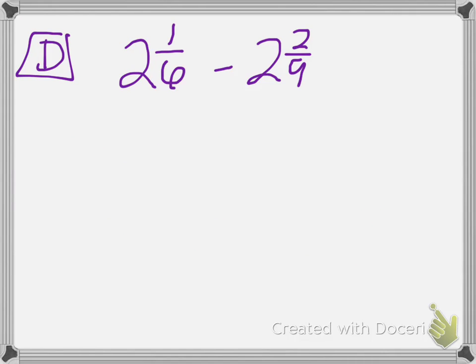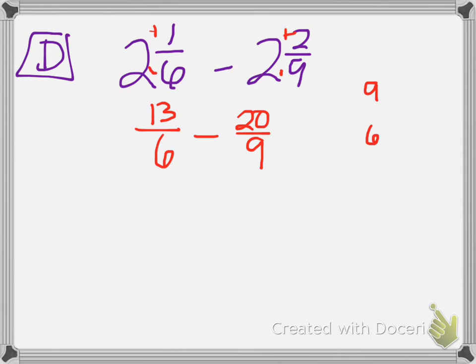One more. 2 1/6 minus 2 2/9. I have this mixed number again. 6 times 2 is 12, plus 1 gives me 13/6, minus 9 times 2 is 18, plus 2 gives me 20/9. Okay, what common multiple do 6 and 9 have in common? Well, I'm going to make a list.